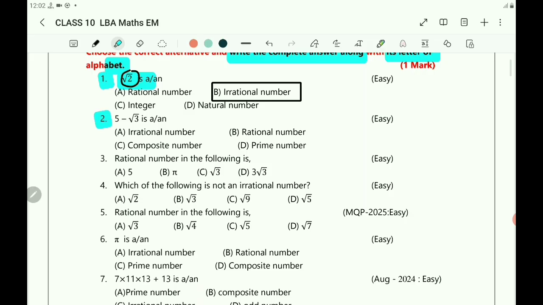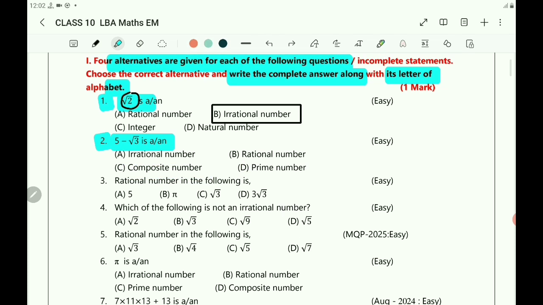The second question, 5 minus root 3 is a or an. The options are irrational number, rational number, composite number, prime number. Out of these 4 options, we have to choose the correct option. Observe the number here, 5 minus root 3.